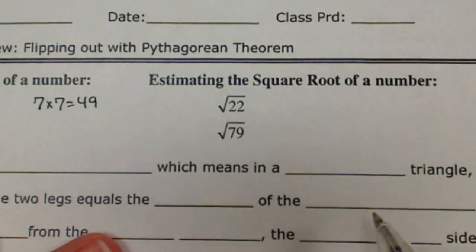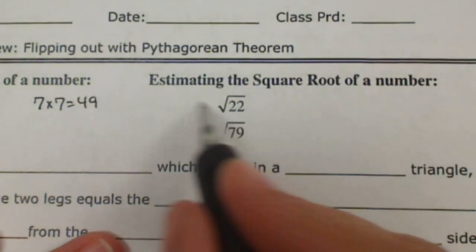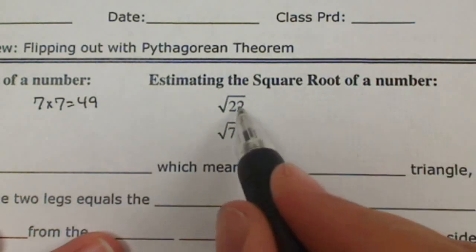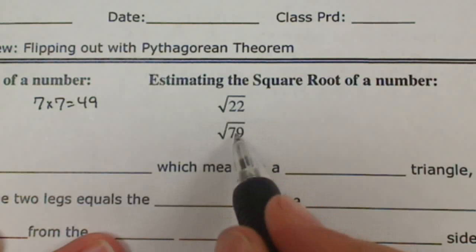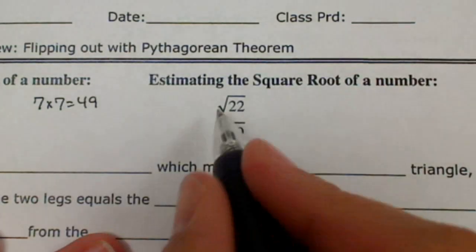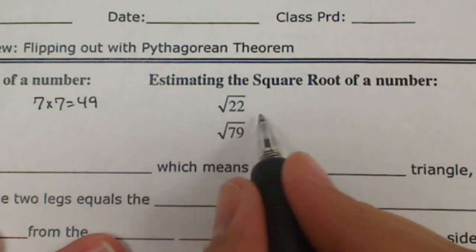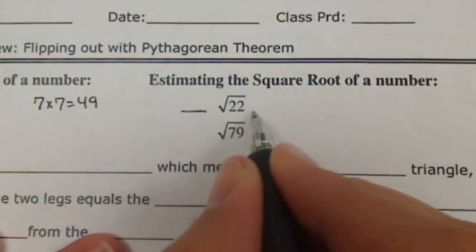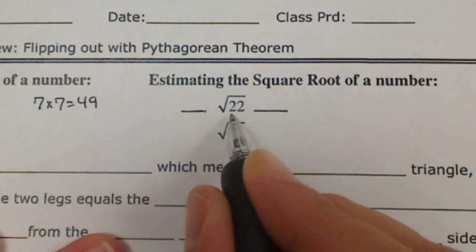Let's go ahead and estimate the square root of a number. To estimate the square root of a number means that the number underneath the radical symbol is not a perfect square. So that means I have to estimate it. It's going to be between two whole numbers. Well, in order for me to figure out what two whole numbers it's between, I need to find out what two perfect squares the square root of 22 falls between.